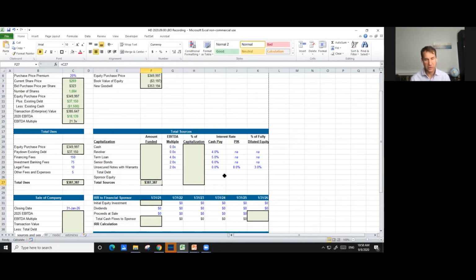So we need to come up with all the money required for the transaction. The dollar amounts are really based on these multiples, which I gave you as assumptions. Typically, they would come from banks. Banks would do their credit analysis, and that's usually based on what other companies in a similar situation can maintain, and they'll give us these multiples as inputs.